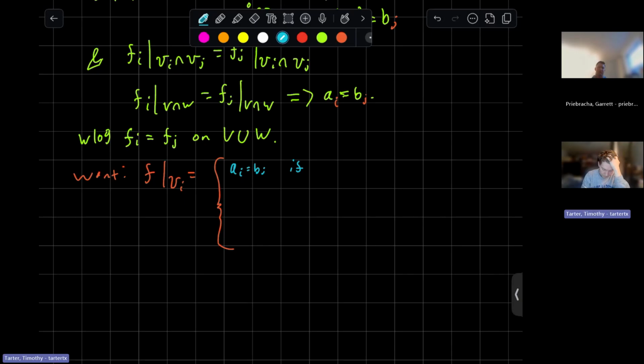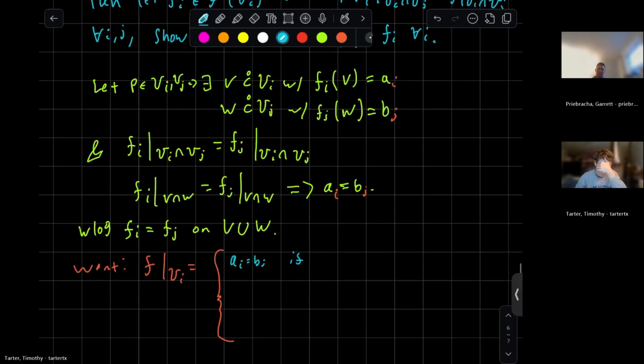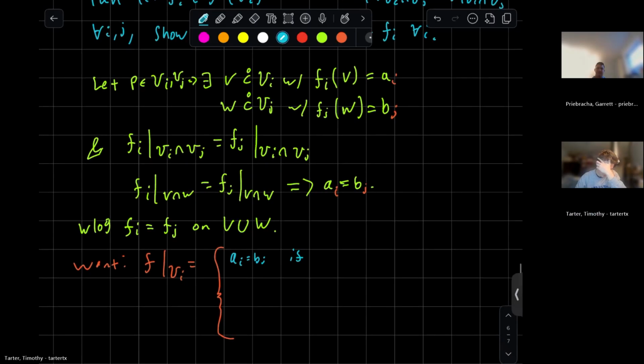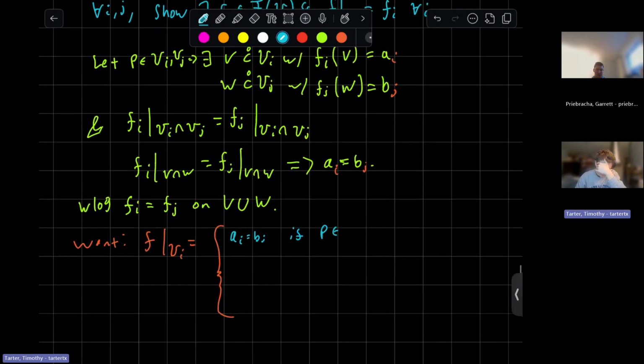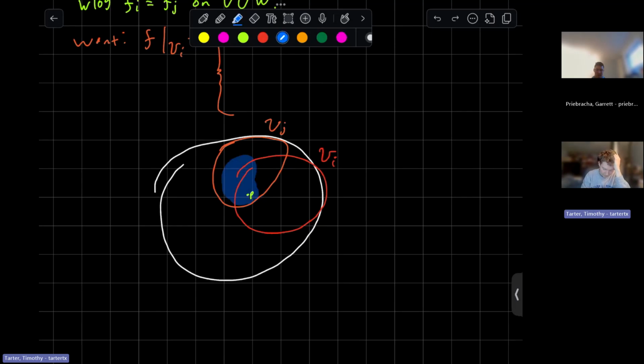I is equal to J. No, if P is in, okay, the picture that we're getting at here is if this is UI and this is UJ, then we have some P in the intersection where we have a blue bubble, and the blue bubble can go kind of anywhere.